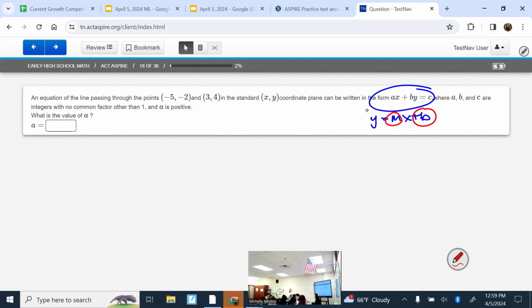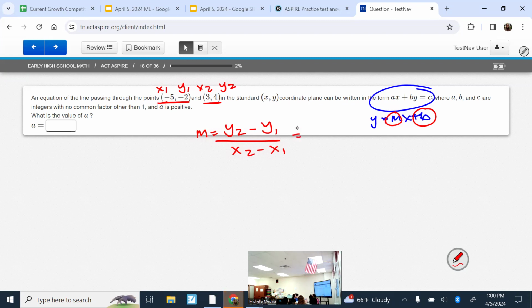Hopefully you guys could have read it at least 1 or 2 times, but when they give me 2 coordinates, I know that I can find slope through this formula: y2 minus y1 over x2 minus x1. Hopefully you already have that memorized from doing stuff this year with me, but it's something that you just need to know for all your math classes. Like it's your average rate of change. y2 minus y1 over x2 minus x1.